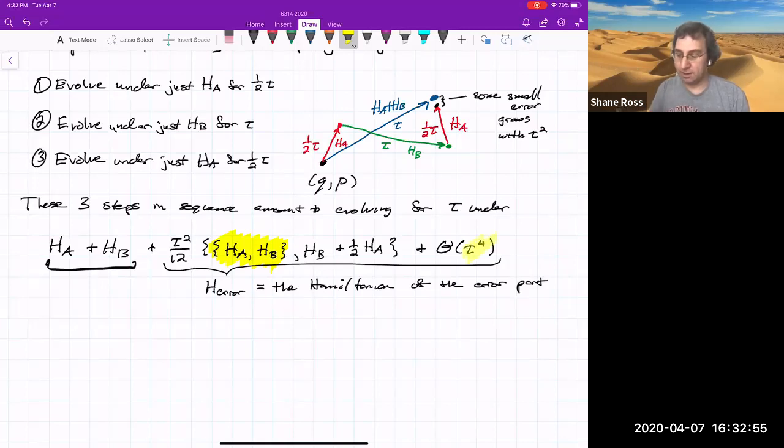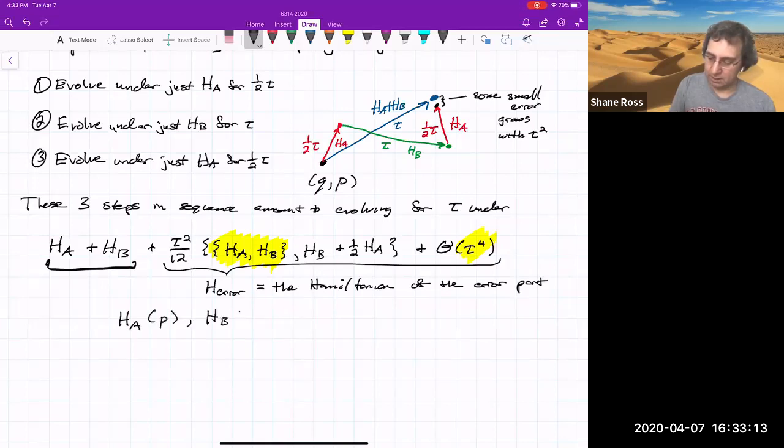And then you've got an even more accurate simulation, because the next term in this error part is tau to the 4th. So if we did have an HA that depended only on the momentum and an HB that depends only on the positions, then this is gonna equal 0.